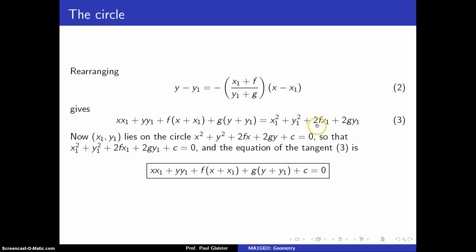In other words, from the equation of the circle, x1 squared plus y1 squared plus 2fx1 plus 2gy1 will be minus c. So I can replace this right hand side by minus c, and hence on rearrangement we get this. So check the details from 3 to this boxed equation, but that's the equation of the straight line to that general circle, which is the tangent at the point x1, y1.